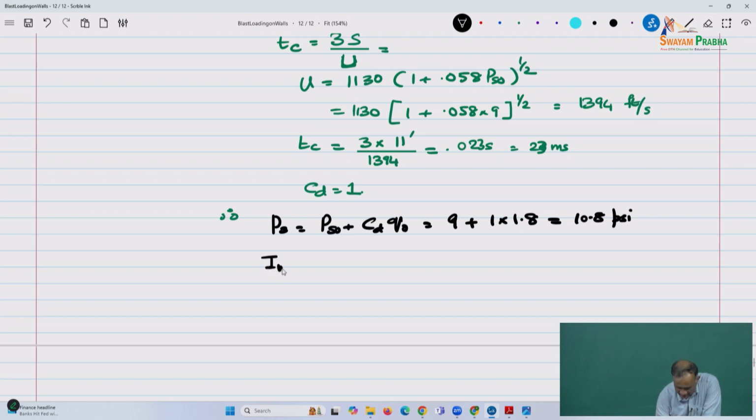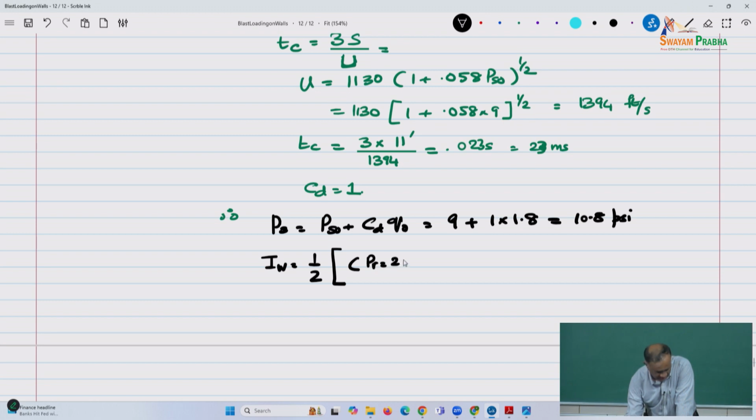So you calculate your IW, which is 1/2 PR, which is 25, minus PS, which is 10.8, multiplied by TC, equal to, TC is 23.